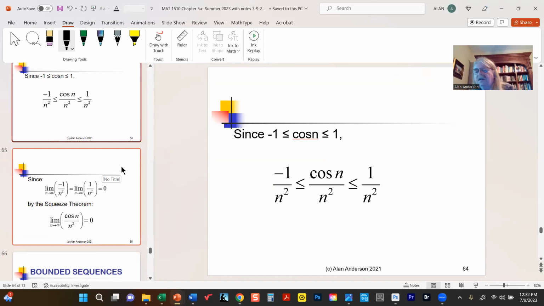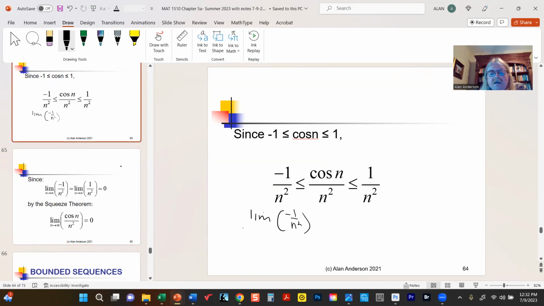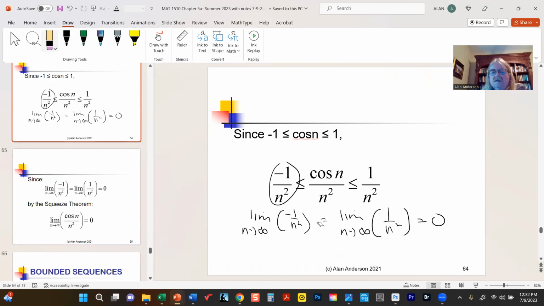And what that means then is that the limit of these outer terms are equal to each other, and they're both equal to 0, which implies that this limit is also equal to 0.